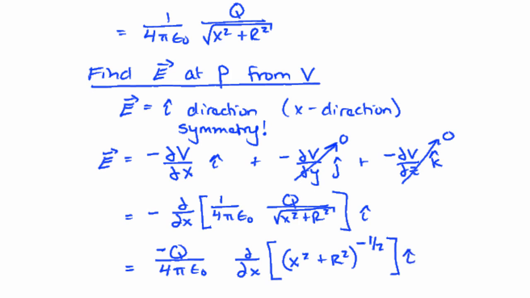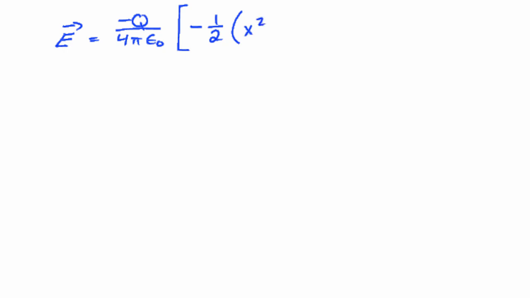If I go ahead and take my derivative now, I'm going to use the chain rule. The derivative ends up being the exponent times the quantity raised to the power, and we subtract one, so now this is negative 3/2.